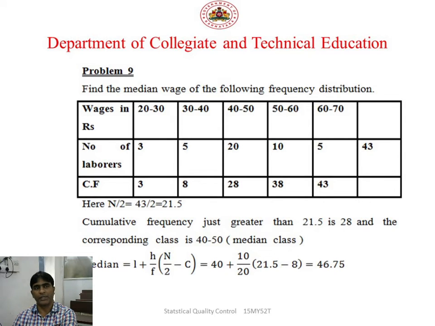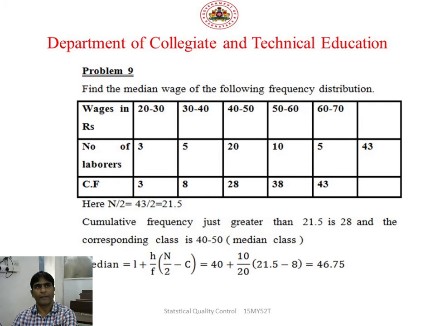Bracket complete. Here L is the lower limit of the median class. What is the median class? 40 to 50. The lower limit of that median class is 40, so we take 40 plus h. What is h? It is the class interval, which is 10. Class size we are taking as 10.